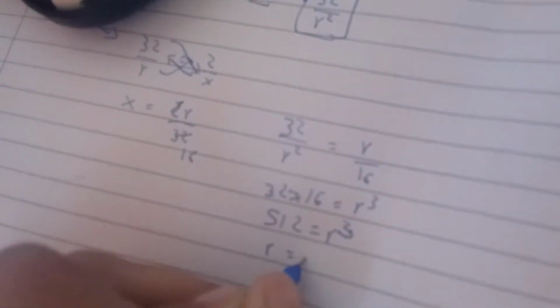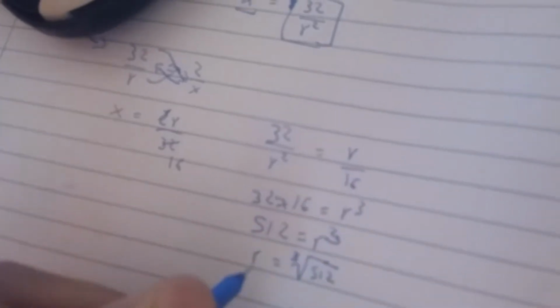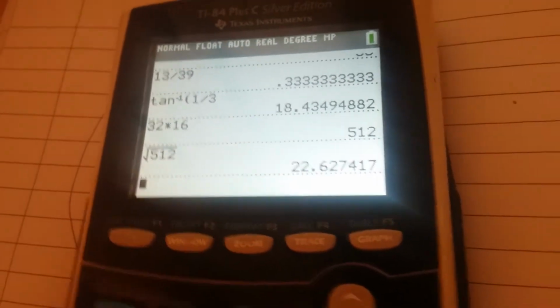So r is equal to cube root of 512, and now if we just cube root this, we will get the value of r, which is approximately 22.62.